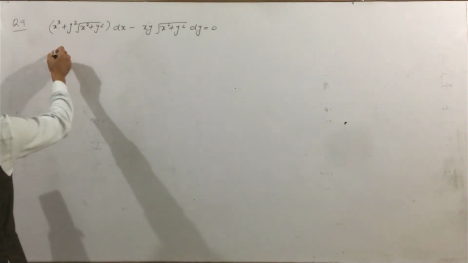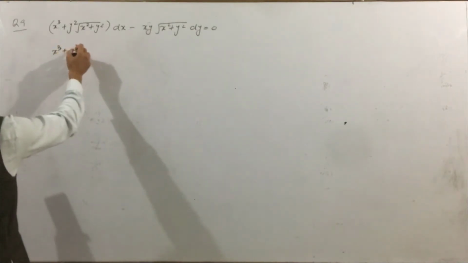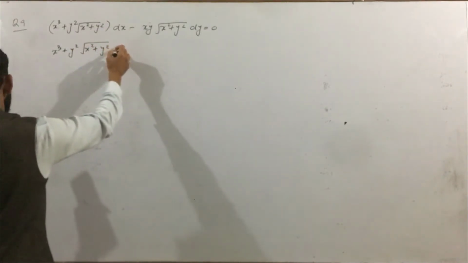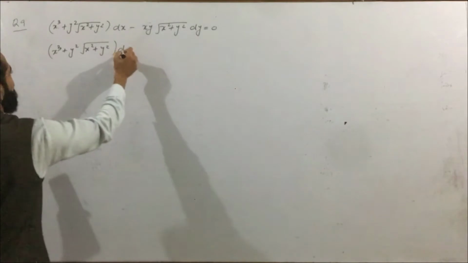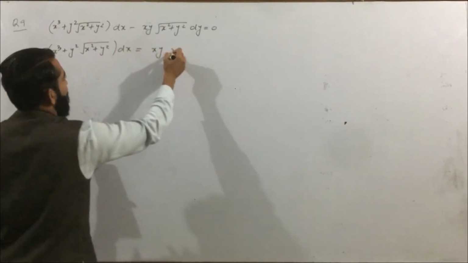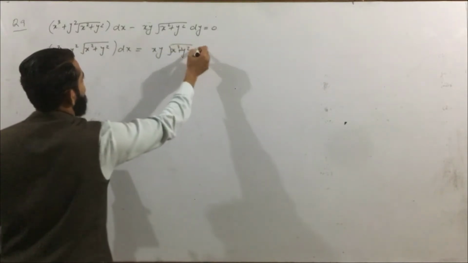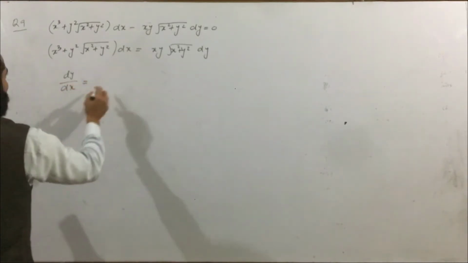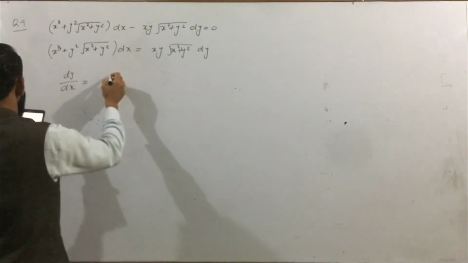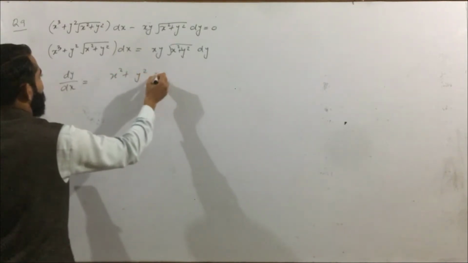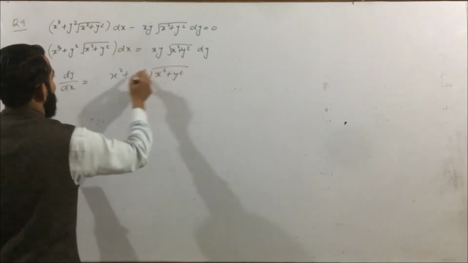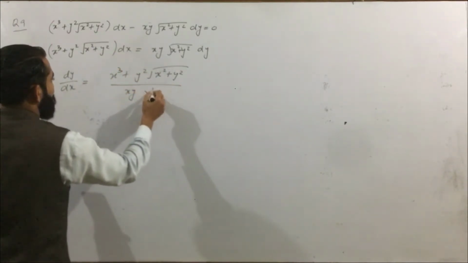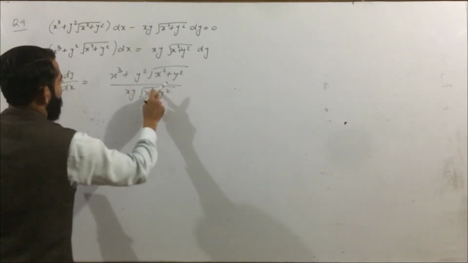So dy over dx is equal to (x cube plus y square root of (x square plus y square)) divided by (xy square root of (x square plus y square)), here it is x cube.